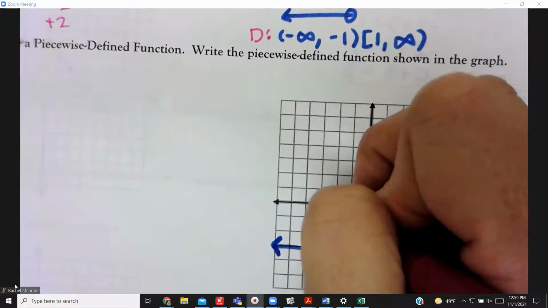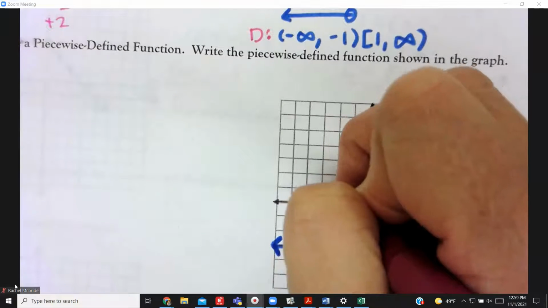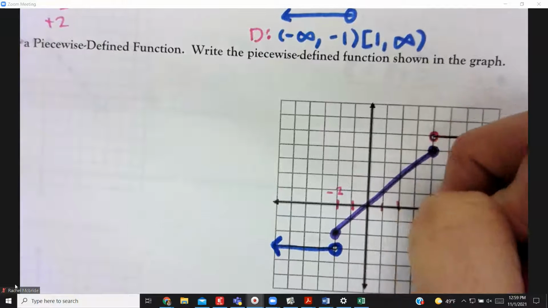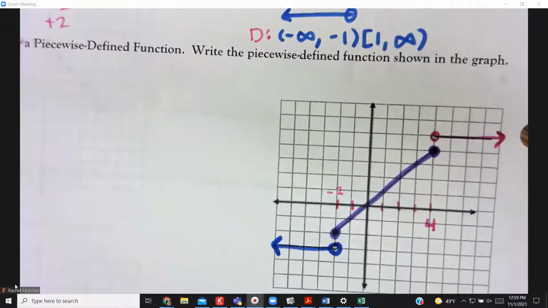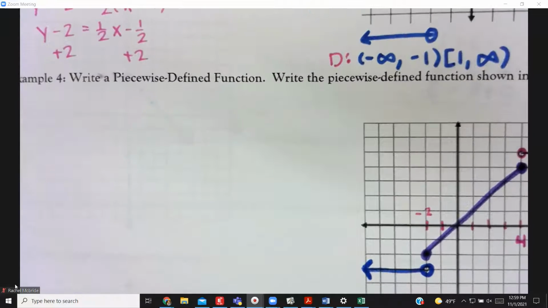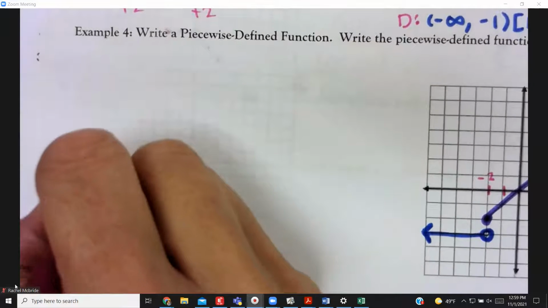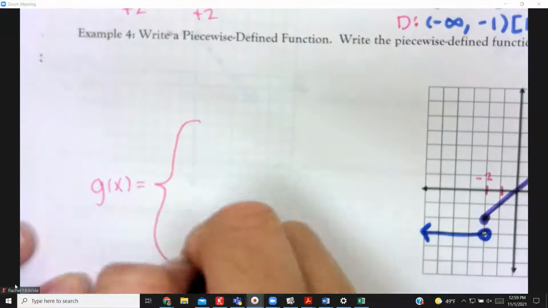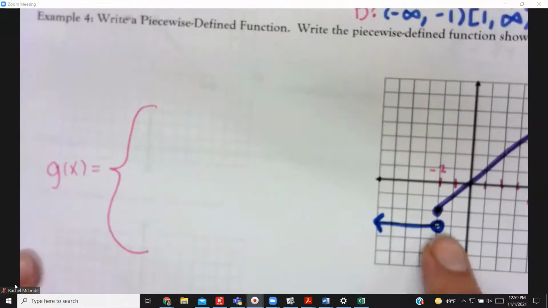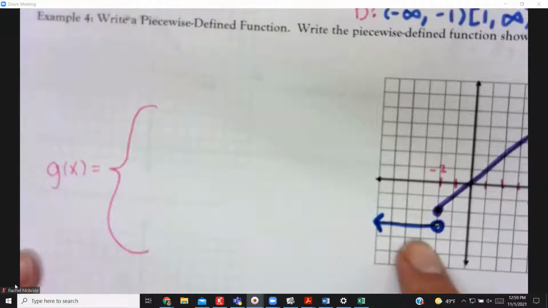Our breaking point is at -2 and +4. So in my function, Graph 1 goes from negative infinity to negative 2.